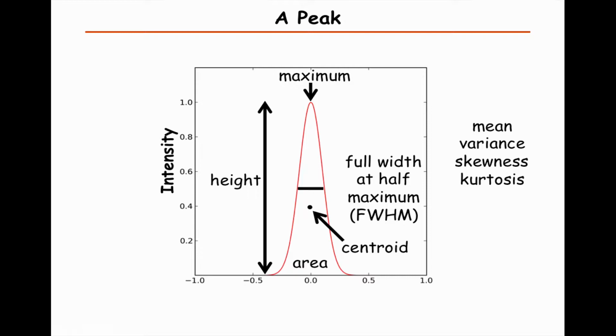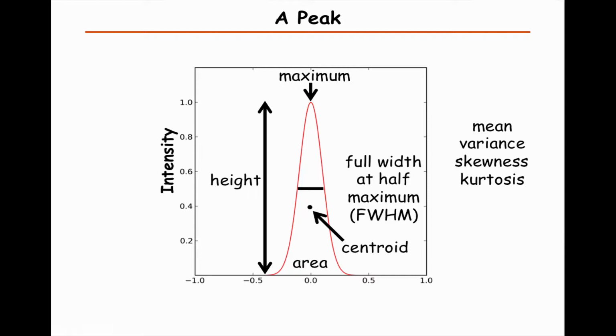One is its height or its area, and exactly where it's located, meaning either where the peak is at its apex, or where the average, the centroid of the peak, is. Another thing we're interested in is how wide the peak is.